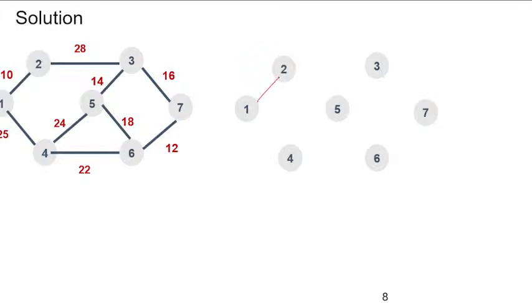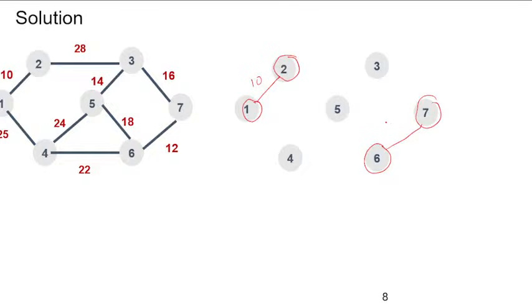So here I am going to draw this. The weight is 10, so you select this. And next, the next least edge is 12, which is 6 to 7. So select this edge, 6 to 7.